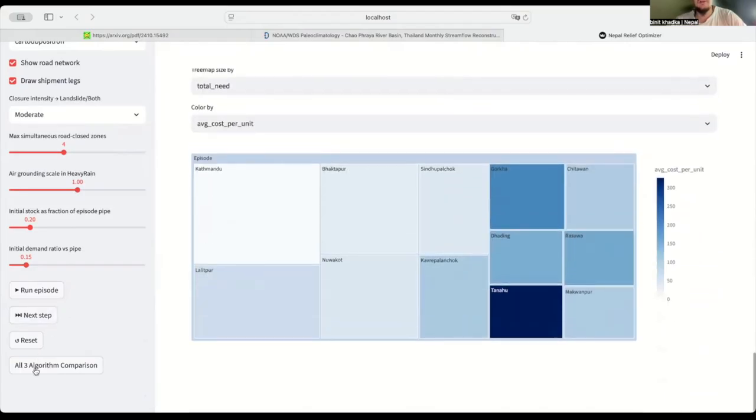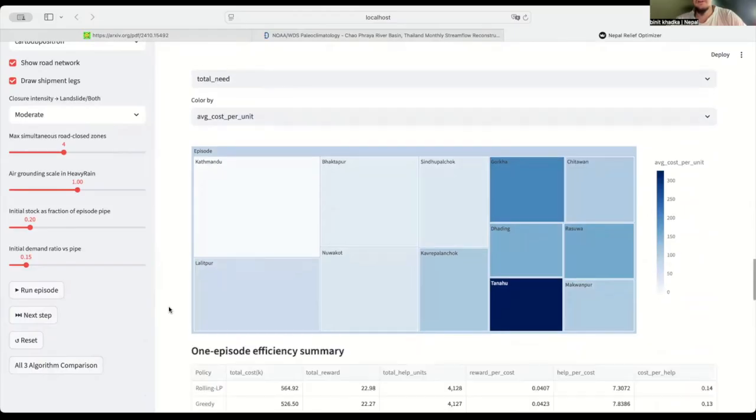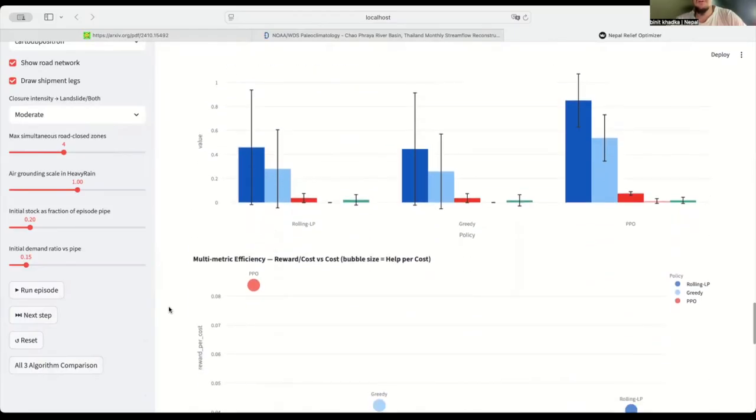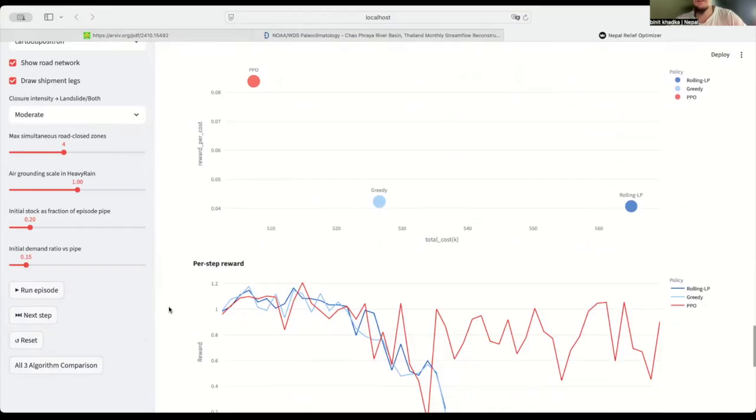Similarly, if I run all three algorithms at a time, you can see all three algorithms run. I want to point out that the rolling LP, the linear programming, and the heuristic greedy only optimize step by step, so they don't have delayed reward and credit assignment.